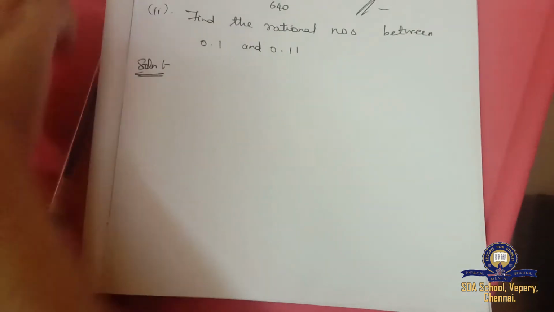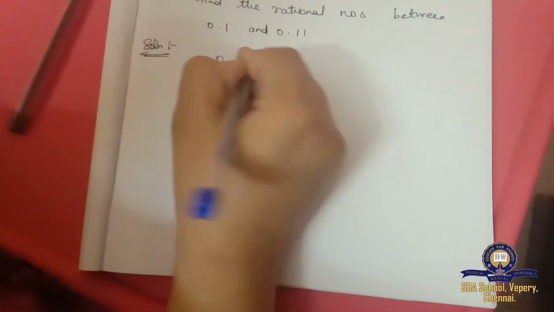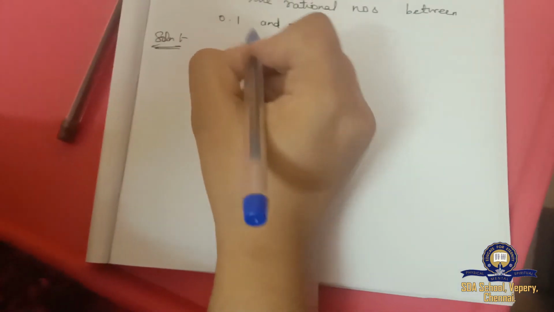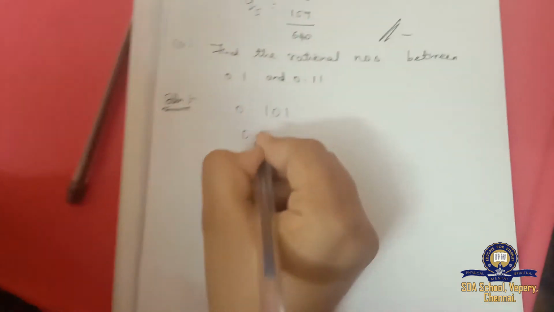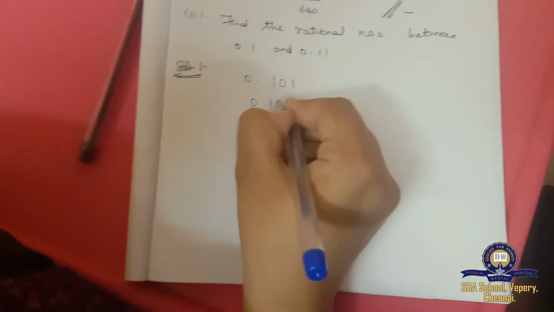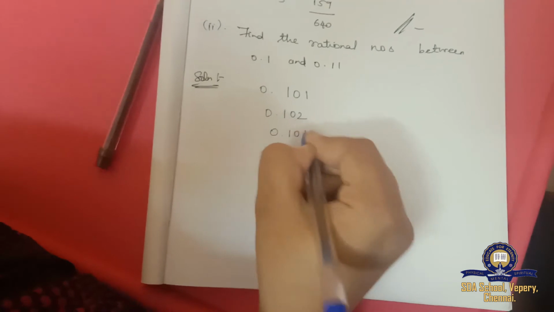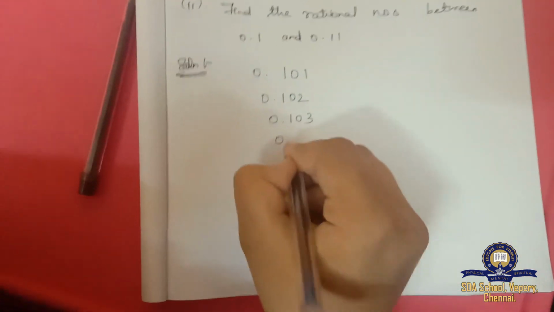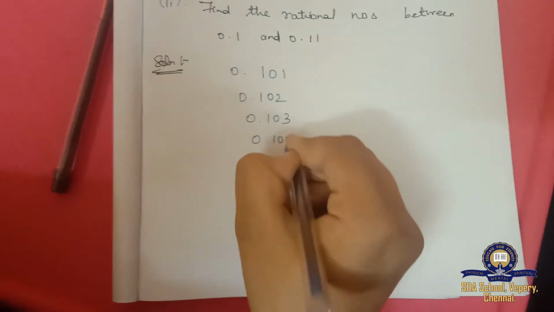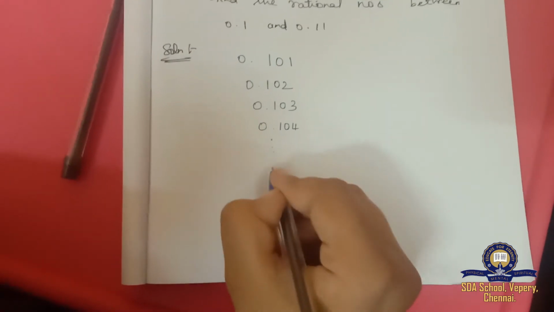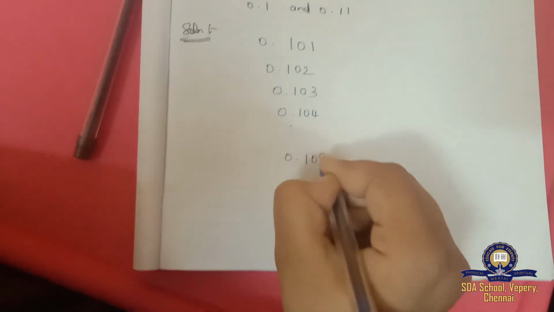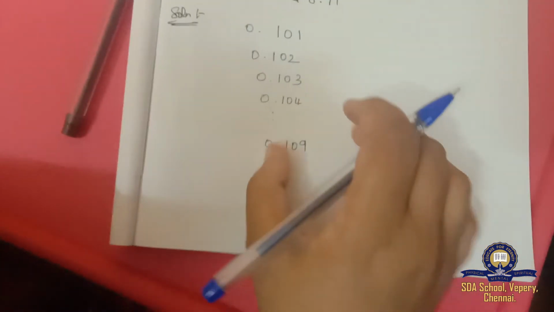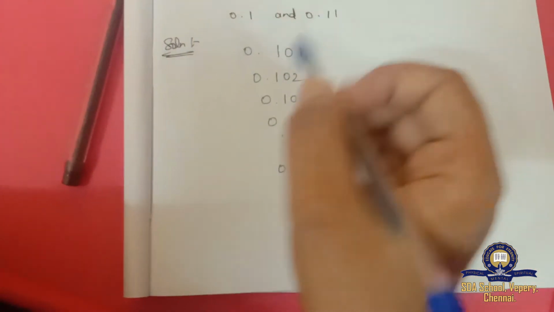How do we do this is, you see 0.1 is there, right? 0.10 can be written, isn't it? Then 0.102, 0.103. You get it? 0.104, etc. Goes on up to 0.109. Do you understand, students? So, we have found the rational numbers between them.